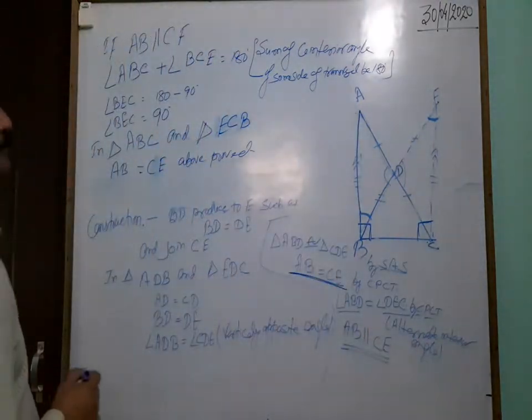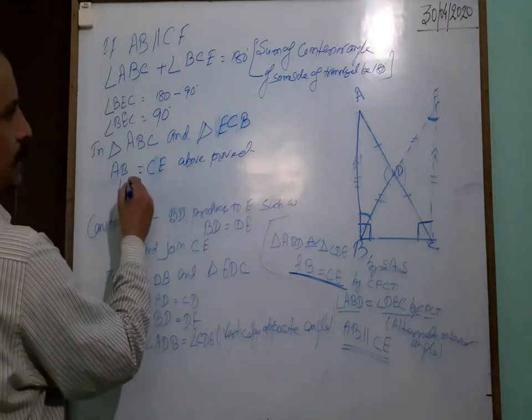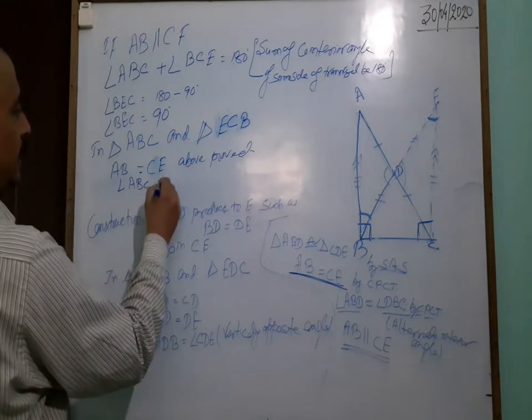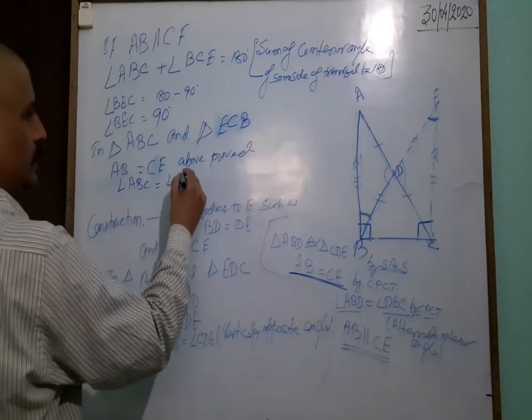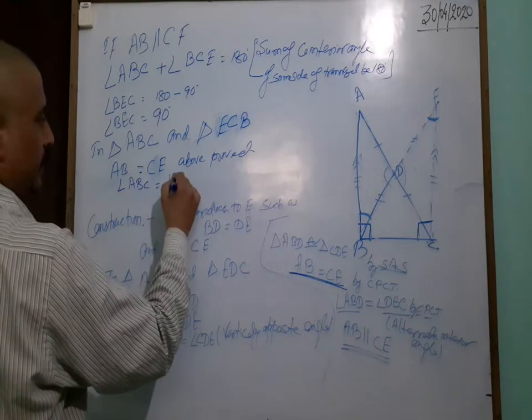Angle ABC equals angle ECB equals 90 degrees.